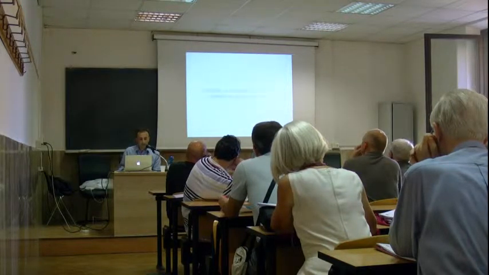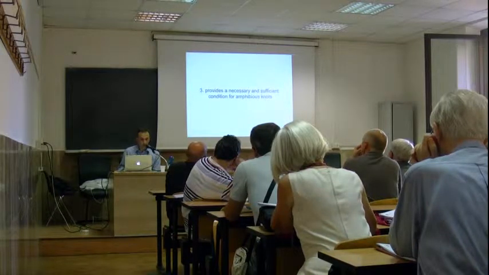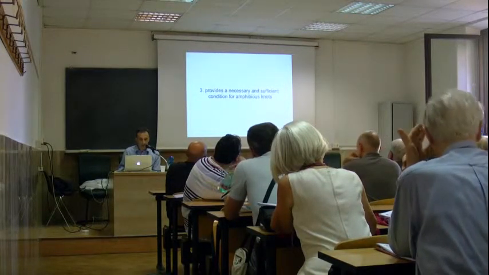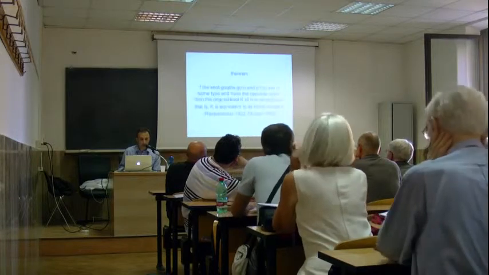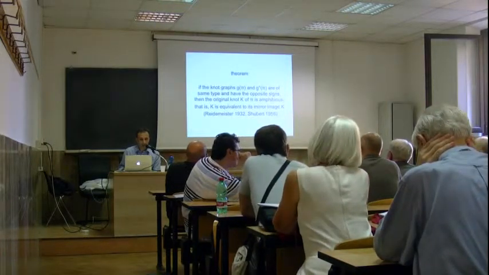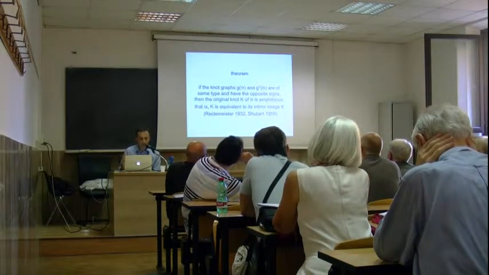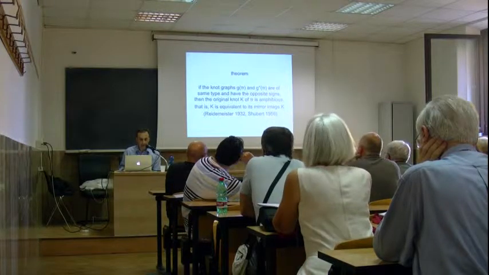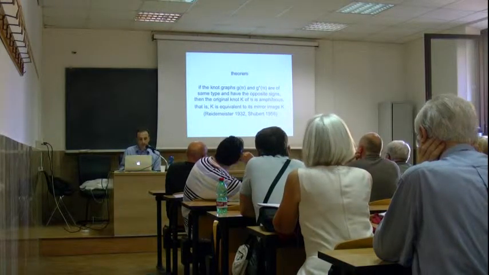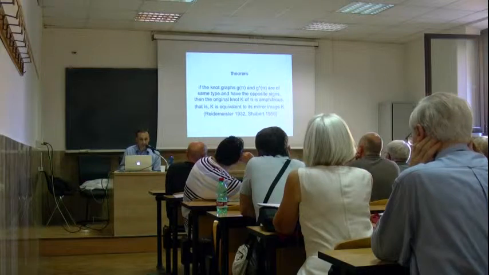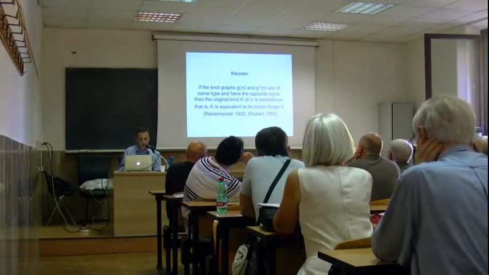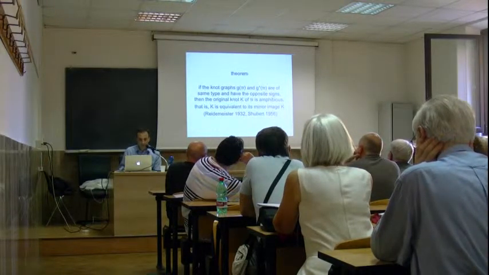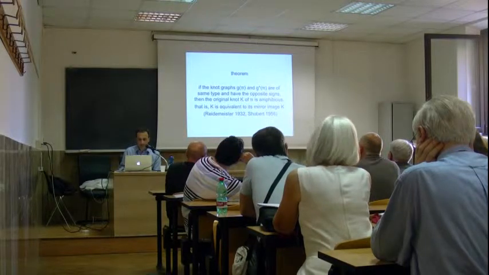And above all, this tool provides a necessary and sufficient condition for amphicheiral knots. It's a new result because of a new theorem, for instance, saying that if two knot graphs G pi and G star pi are of the same type and have opposite signs, then the original knot K of pi is amphicheiral. That is, K is equivalent to its mirror image. And these are the references.